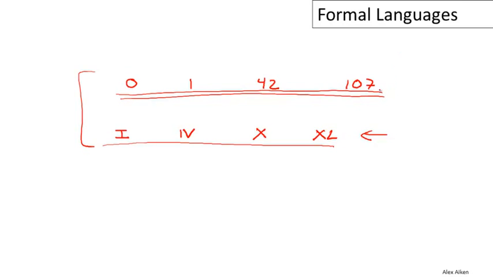And the only thing that changed between one system and the other was the system of notation. And so notation is extremely important because it governs how you think and it governs the kinds of things you can say and the sorts of procedures that you will use. So don't underestimate the importance of notation.